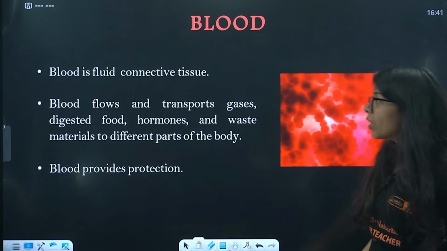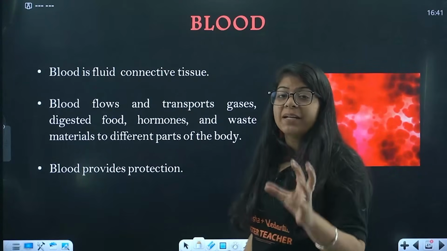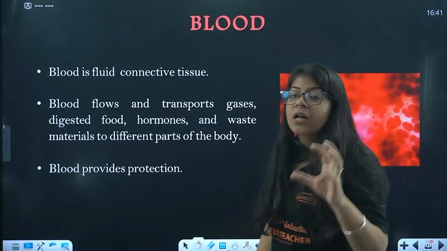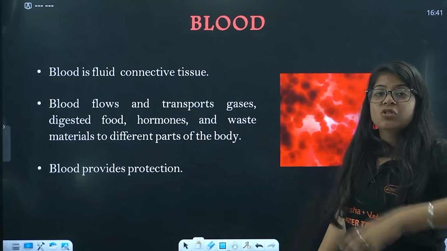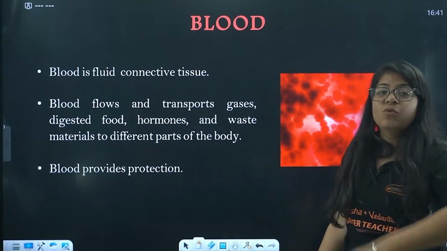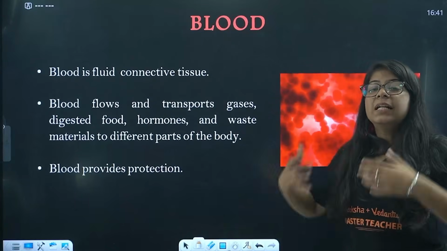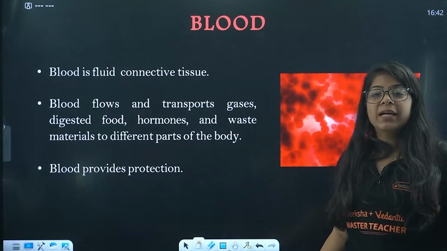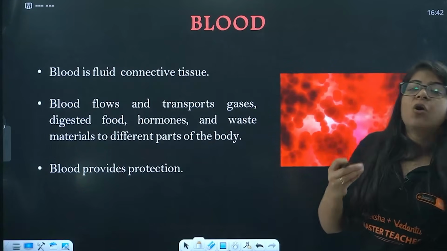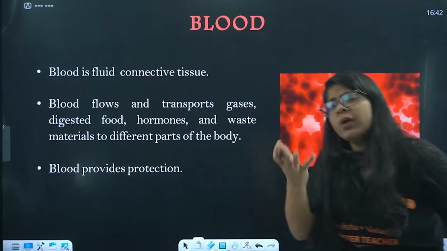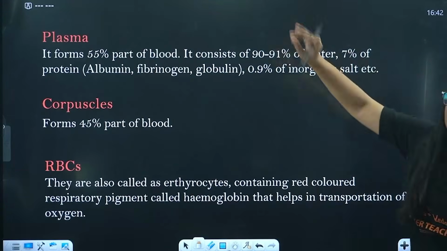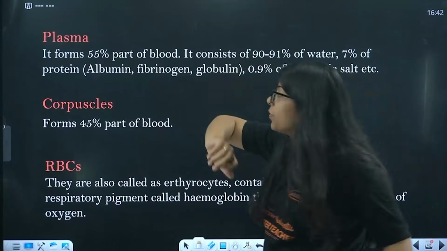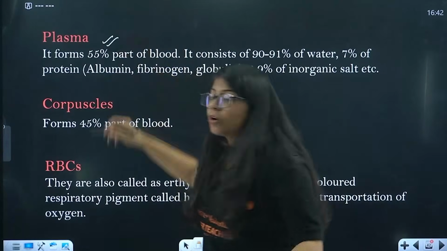Right? So blood is a fluid beta which is a connective tissue. Now it flows and transports gases, oxygen, carbon dioxide, digestive food, hormones, to different parts of the body, right? So this blood also provides protection with white blood cells. Okay, so beta, this blood contains first plasma, which is 55% of the blood.